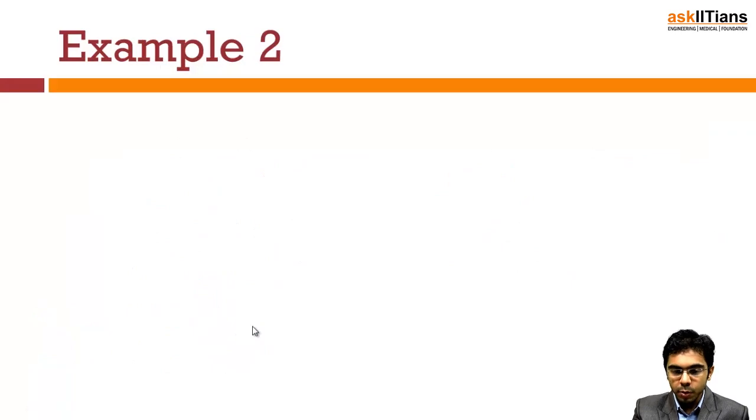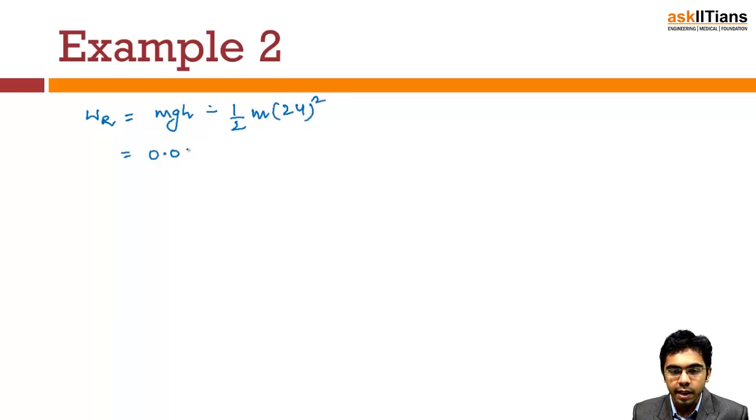So this comes out to be: work done by the resistive force is equal to mgh minus half m 24 squared. Since m is given to us as 0.06, g we take as 10 meters per second squared, and h as 26 meters, this is given to us, and this will be minus m by 2, 0.06, 24 squared.